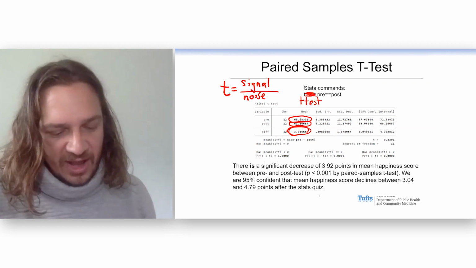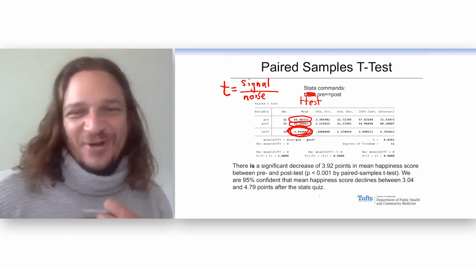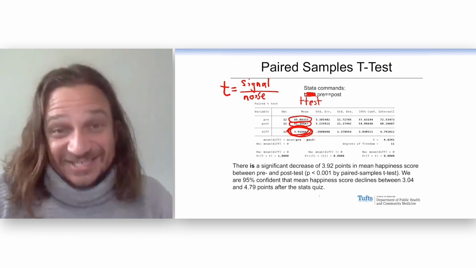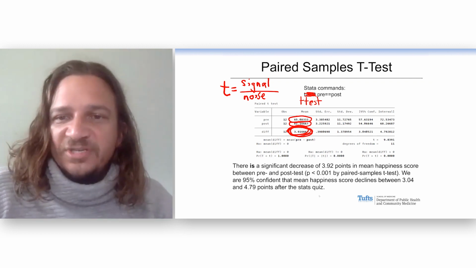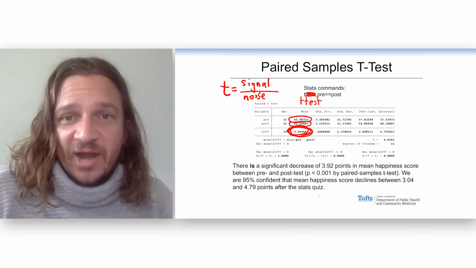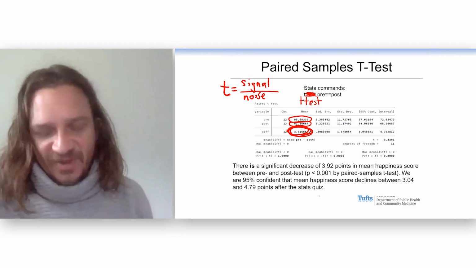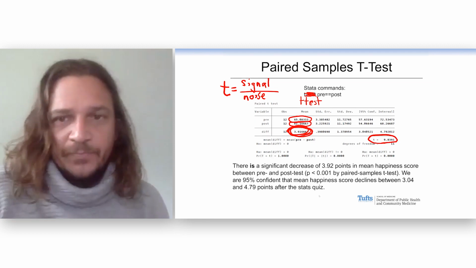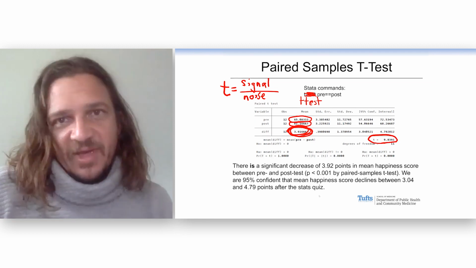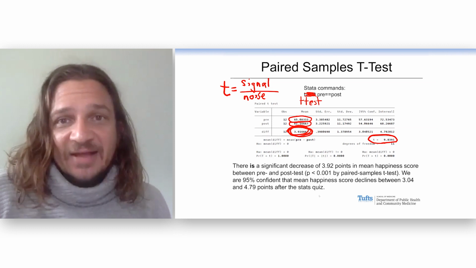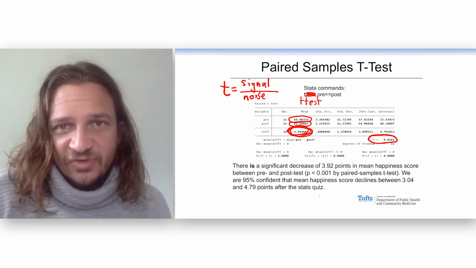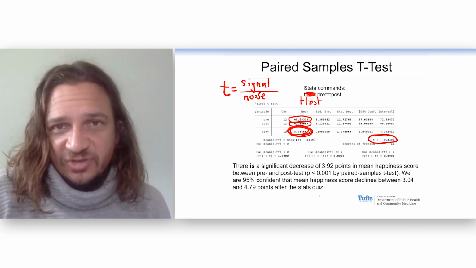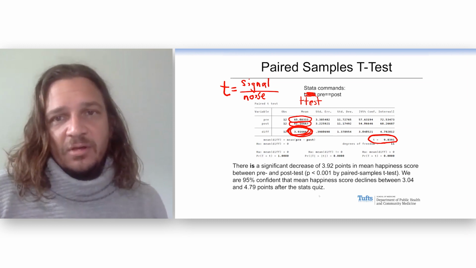This 3.9, I got excited, my voice cracked. The 3.9 in the paired t-test is the same. The numerator is the same. But what's going to be different is the denominator. When we run this paired sample t-test, look at T. T is really big. What would you expect to get for T if the null was true? If the two groups are equal, pre and post, you would expect to get 0. This is not 0.